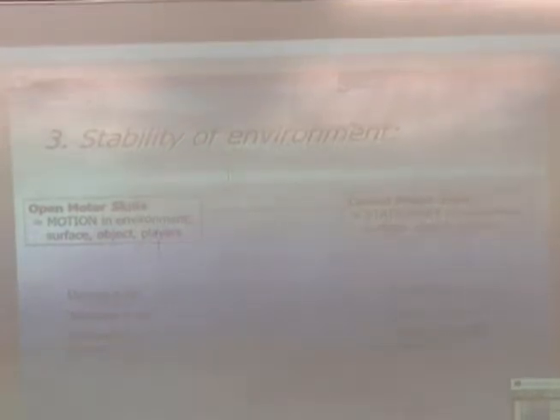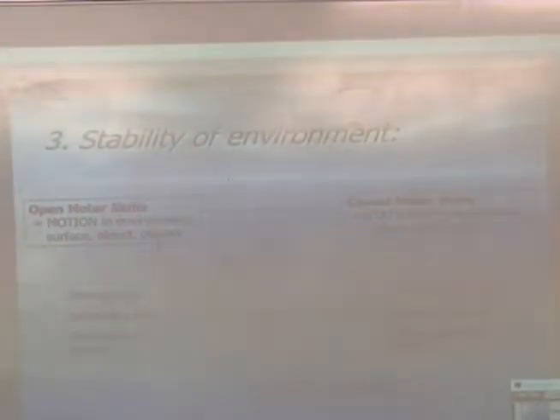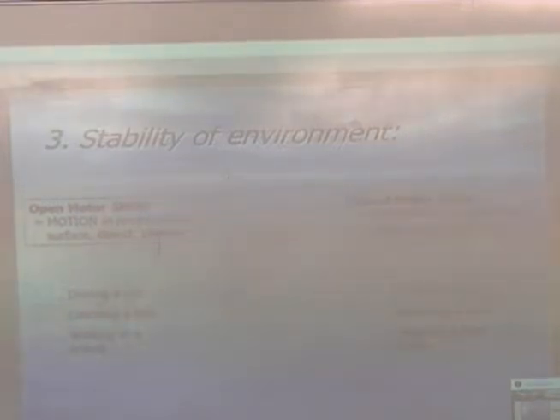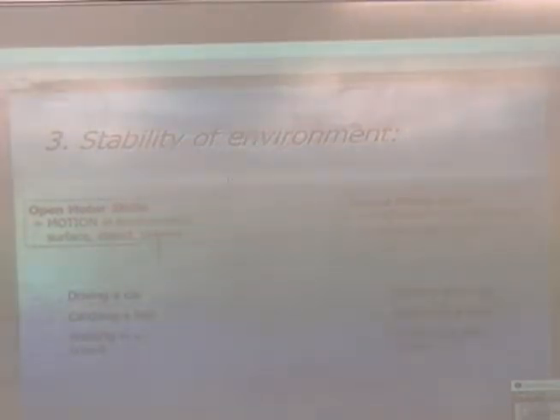So what do you think the penalty kick would be? Kicking? Kicking. Is it gross or fine? Gross. Gross, right? Is it continuous or discrete? Discrete. Discrete. Good.